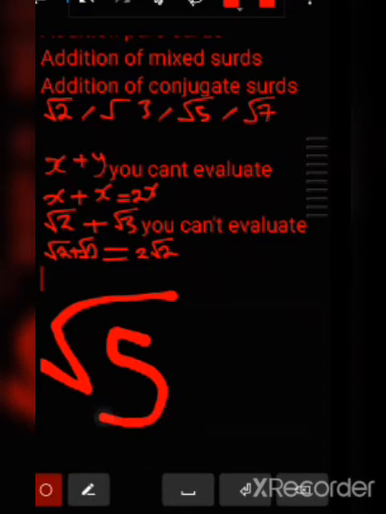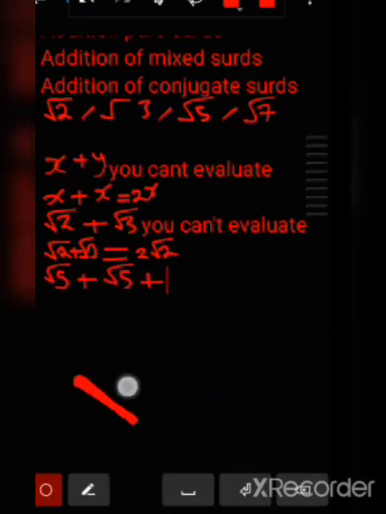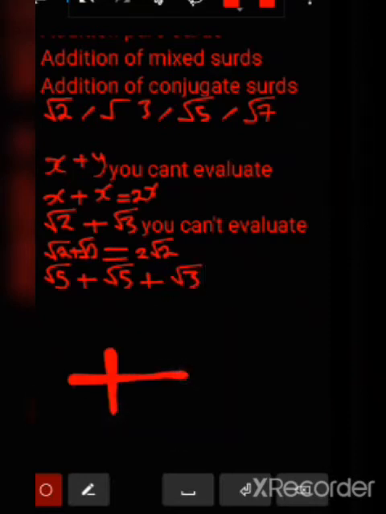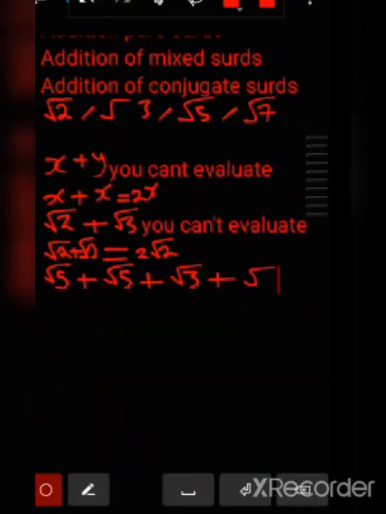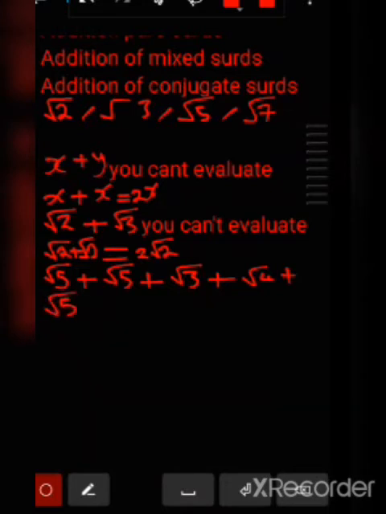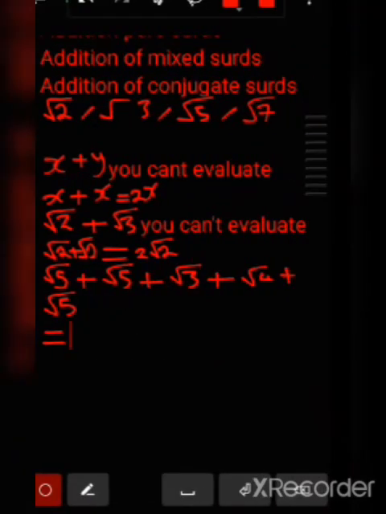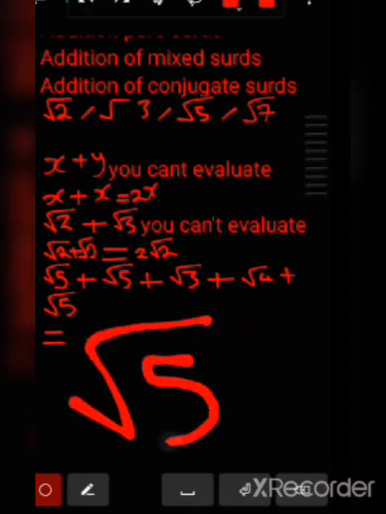The root of 5 plus the root of 5 plus the root of 3 plus the root of 4 plus the root of 5. So adding this, the answer would be like this. You're going to factorize the radical which is common. So I'll factorize the root of 5.